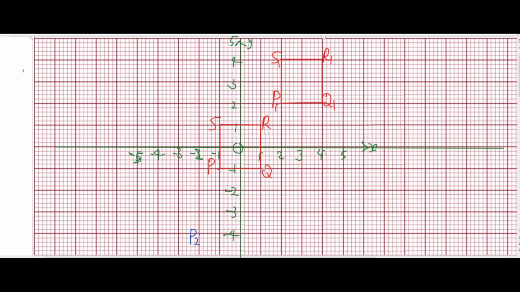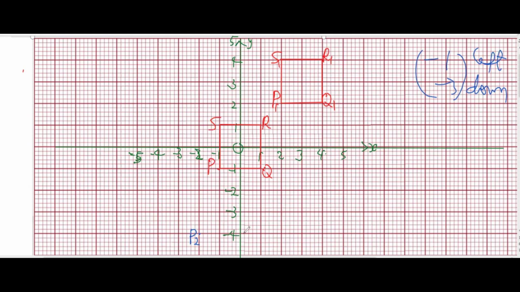Then for Q2, -1, -3 means 1 to the left and 3 down. So from this place, 1 to the left means 1, then 3 down means 1, 2, 3.